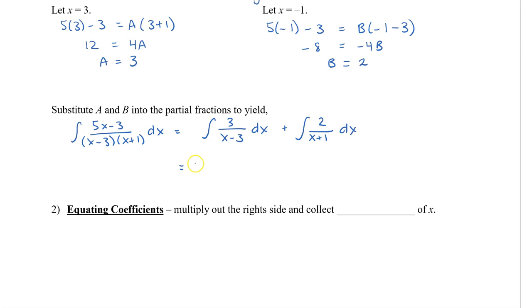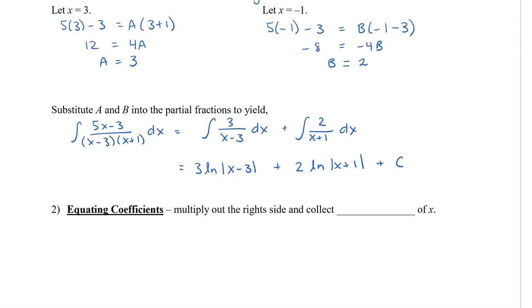And that's going to equal 3 times the natural log of the absolute value of x minus 3, plus 2 times the natural log of the absolute value of x plus 1, plus C.